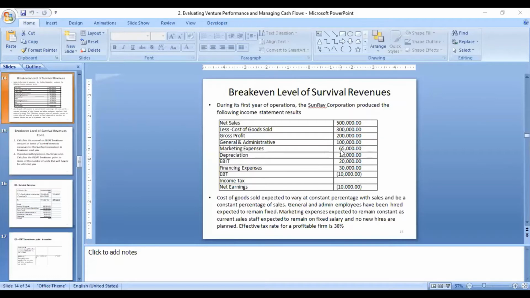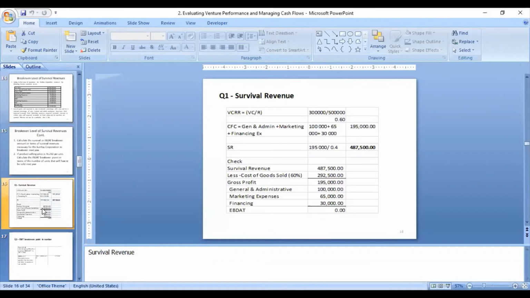So 100,000 is a fixed cost, and the marketing expenses are also fixed cost. Another thing is the financing expenses. You can see in the income statement 30,000. So then you can get the total of the cash fixed cost, and you can also calculate the variable cost to revenue ratio. So what is the answer? Can you put it into the chat box? You can check your answer.